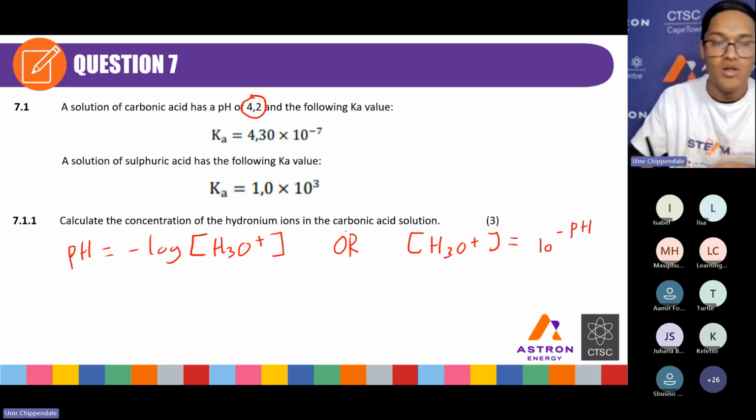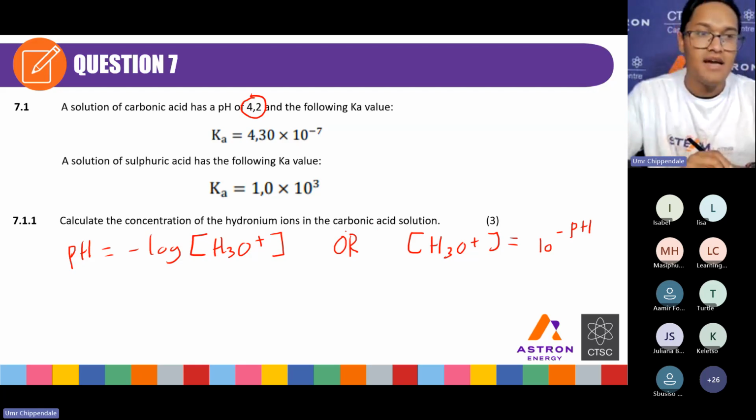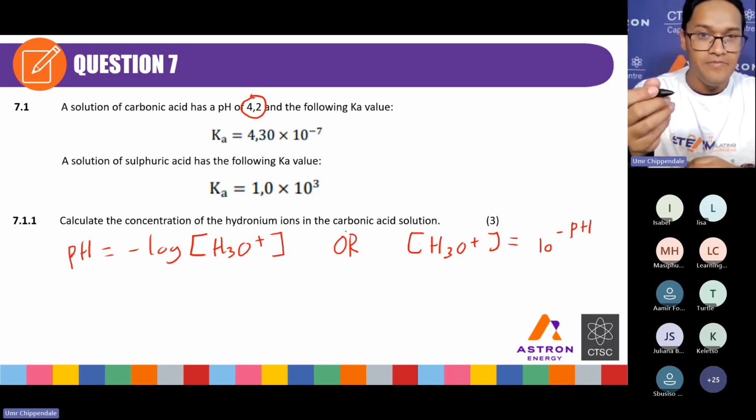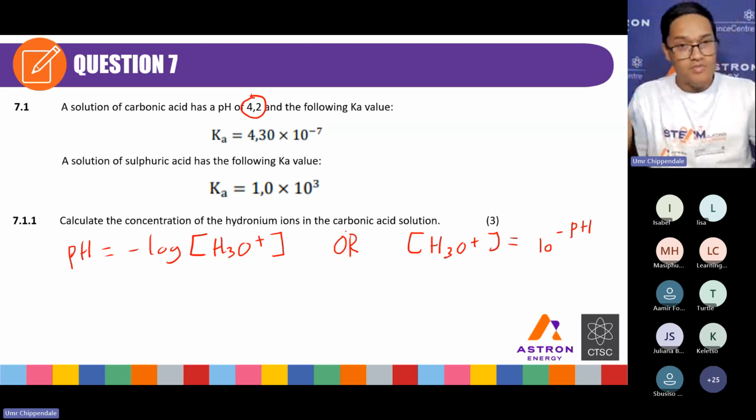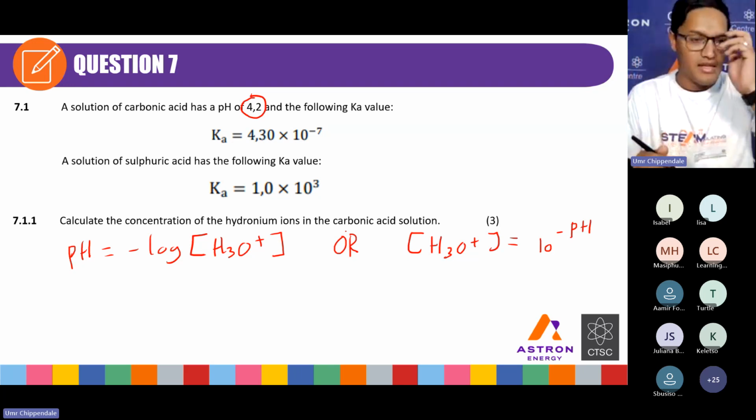Both of these will work. The one on the left-hand side is found in the formula sheet in your question paper. The one on the right-hand side is just a shorter method. Whichever method you prefer, you can use it that way.